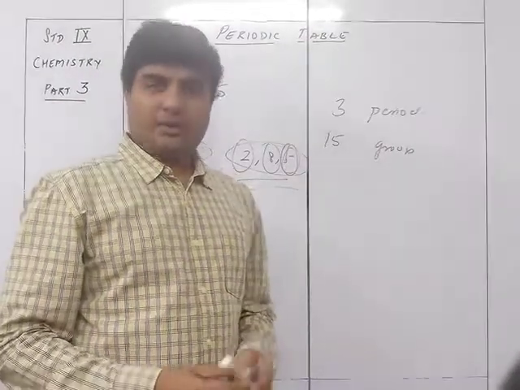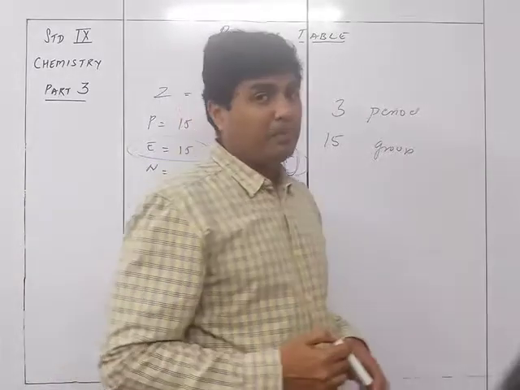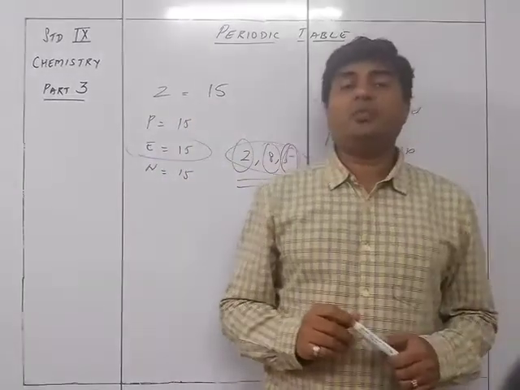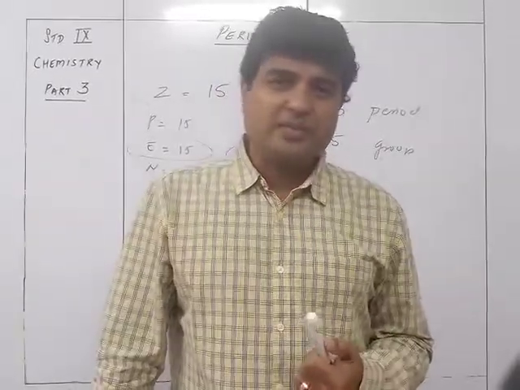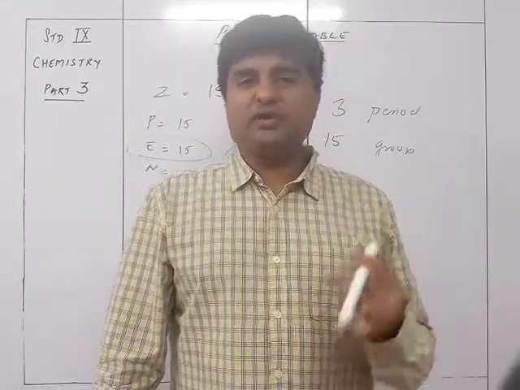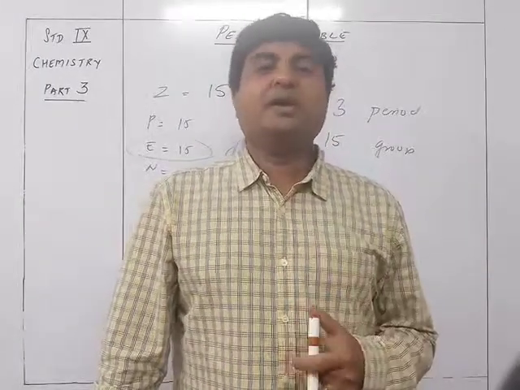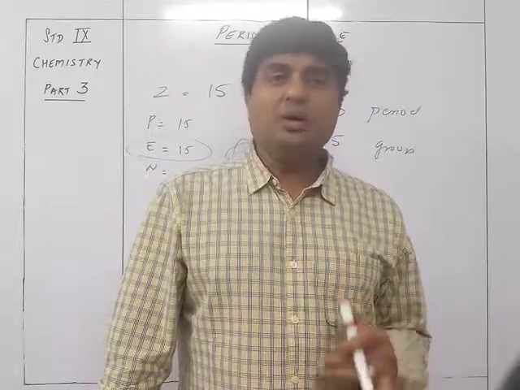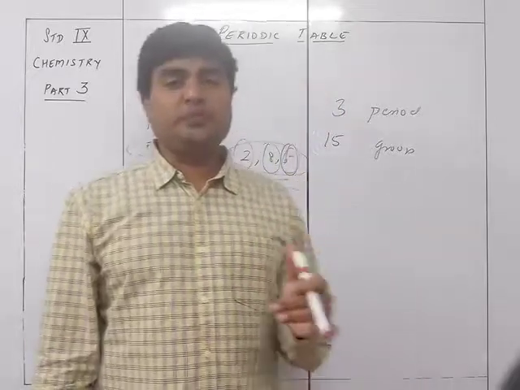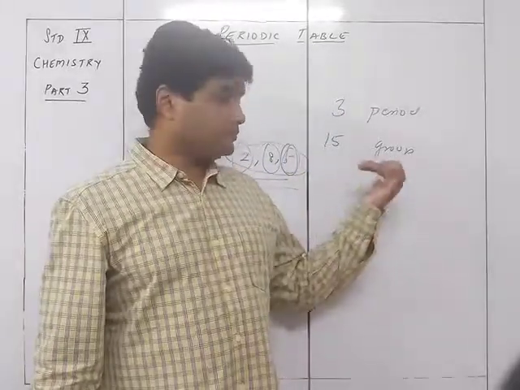So if I know the atomic number, I can even tell where exactly it is in the periodic table. Of course, it should be the representative elements. So these representative elements, the first 20 elements, you can easily make it this way. By just knowing the atomic number, we can find out which period and which group they lie in.